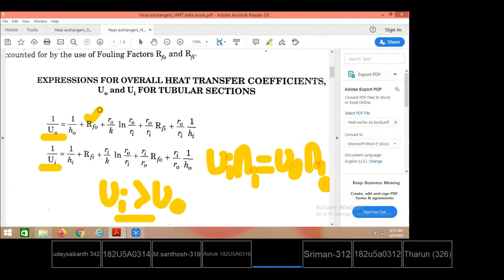This is the fouling resistance considered on the outer surface. This is the fouling resistance considered on the inner surface. If possible, you can remember these relations; otherwise you can refer to the data book, where the relations are directly available, so straight away you can substitute and solve the problems.